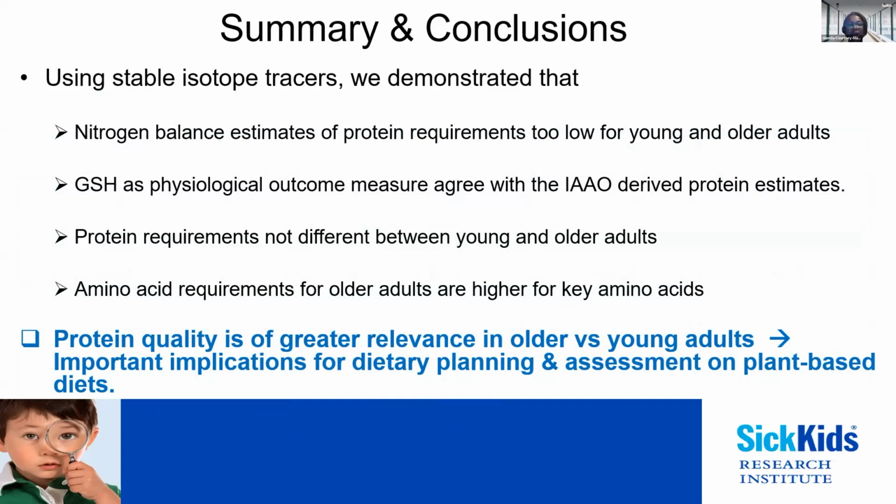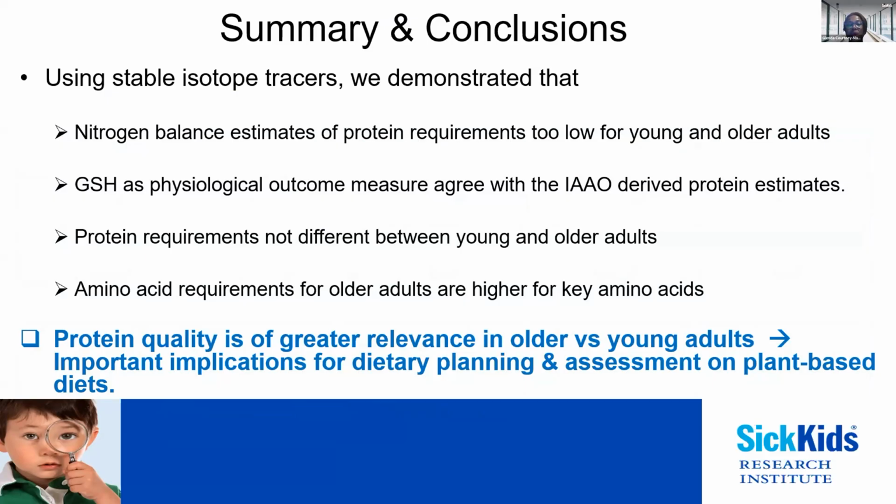And so just to summarize, using stable isotope tracers, we demonstrated that nitrogen balance estimates of protein requirements are too low for young and older adults. We saw that glutathione as a physiological outcome measure of protein adequacy agrees with the IAAO-derived estimates.